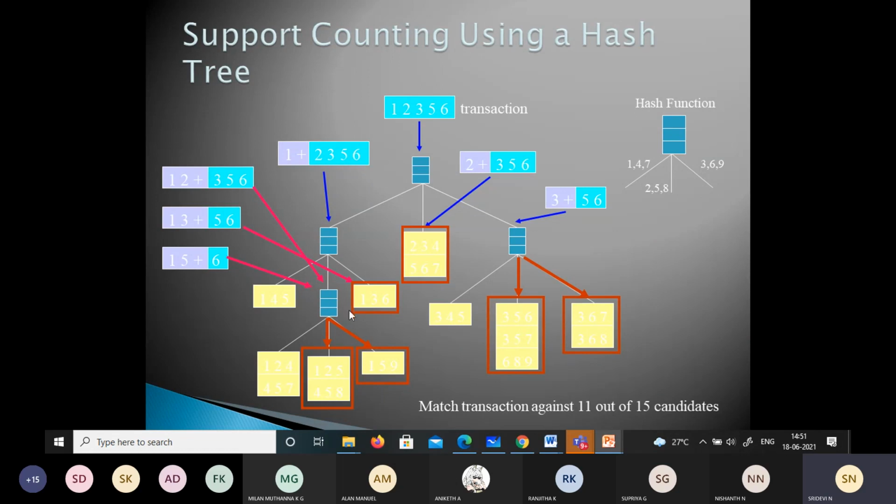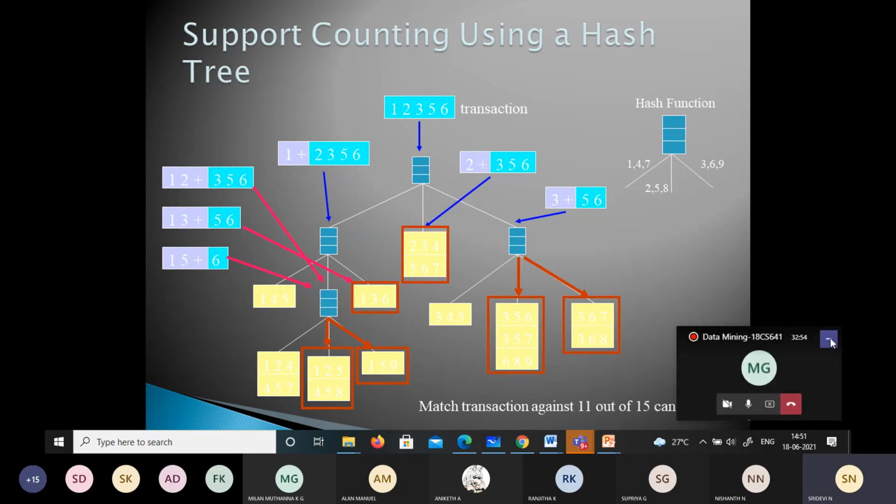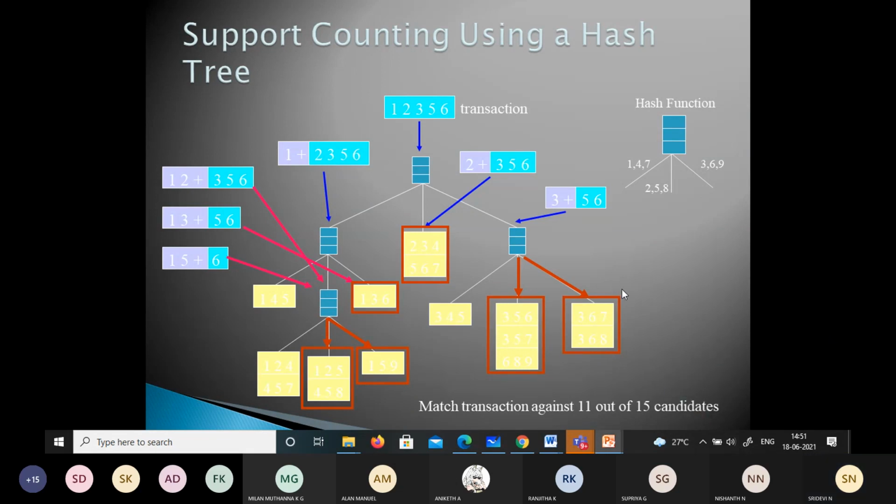Okay, so 15 candidates with the different transactions. So if you want to find the support count for this, you can move through these levels. So matching, if this is a transaction, we match 11 out of 15 candidates here. For whatever transaction we have done here, we are matching 11 out of 15.